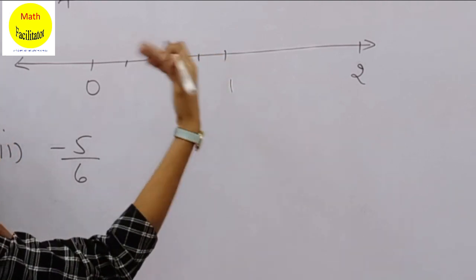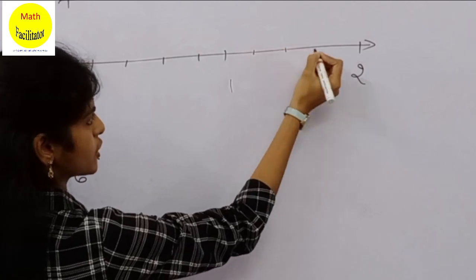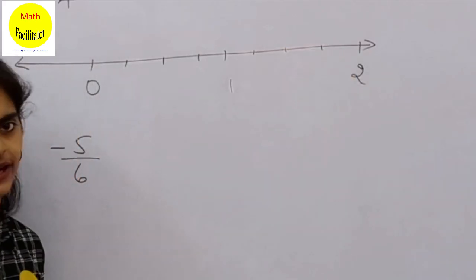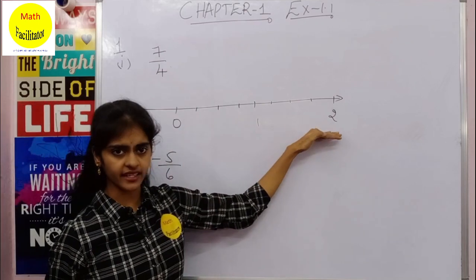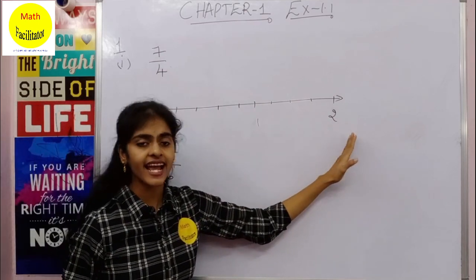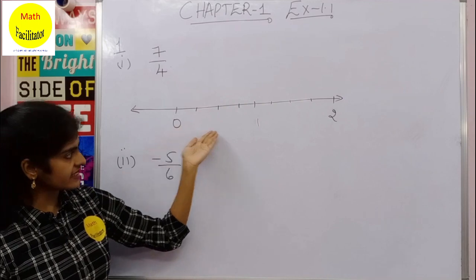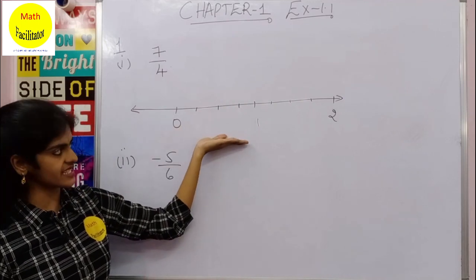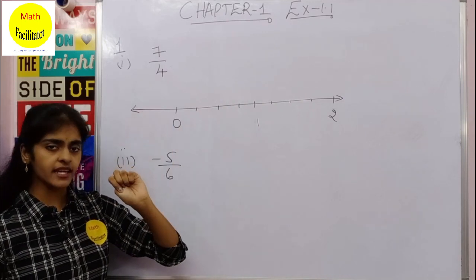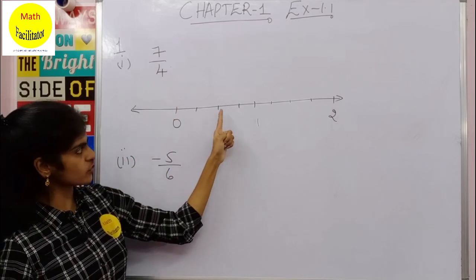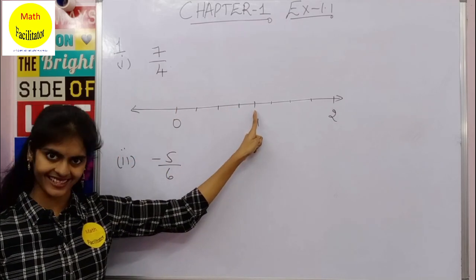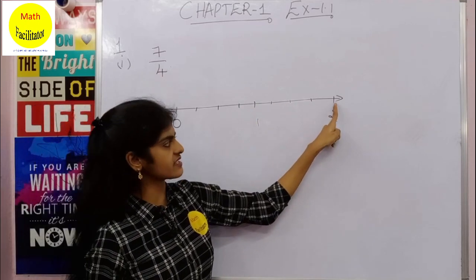And again 1, 2, 3 and this is the fourth part. So what did we do? We have taken a number line, represented numbers on it, and we have divided this unit distance into 4 divisions. Why? Because the denominator is 4.